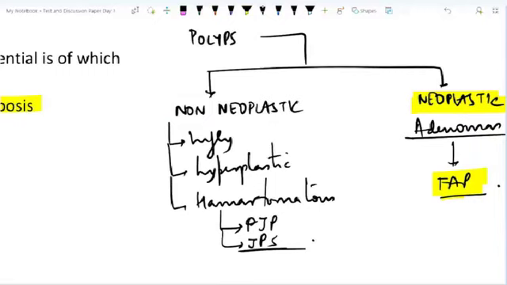Now you'll ask me, why is there an increased risk of cancer with these two? They are hamartomatous, and as per our recent understanding, hamartomatous is also a kind of neoplastic process. So this classification of polyps will undergo some kind of change in the near future. But just to understand, grab the concept here, that neoplastic polyps will as a rule always have a higher risk of malignant transformation as compared to the rest.